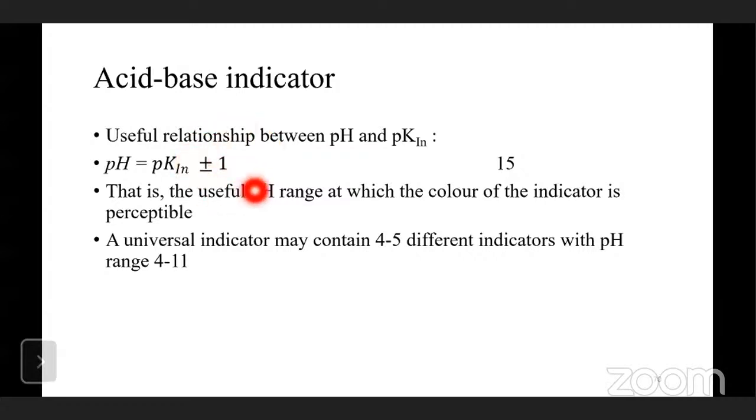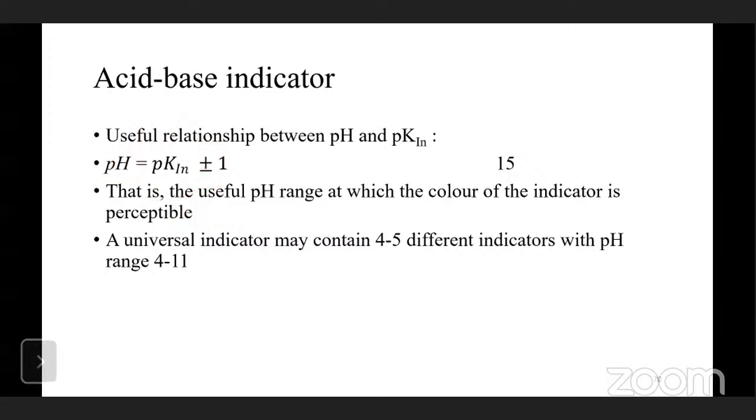We put this plus or minus 1 there to show that there's a particular pH range at which your indicator will function optimally. There's a particular range in which your indicator will be able to work effectively, and it should not be more than plus or minus 1 of the pKa of your indicator.